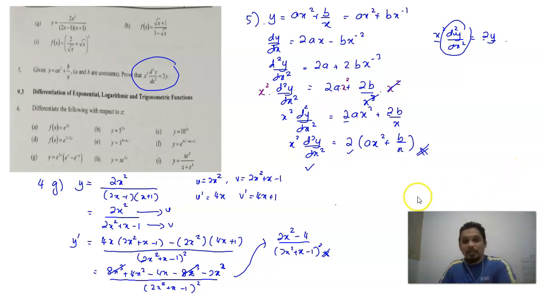Okay. Question number 6. In this term, we get y equal to e to the power of fx. So then, y prime equal to f prime x multiplied with e to the power of fx.